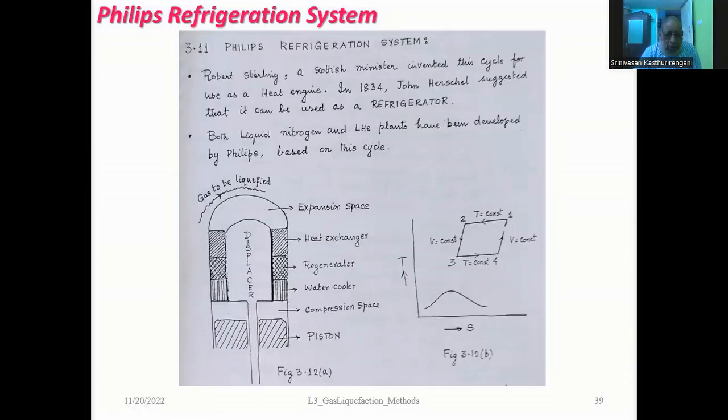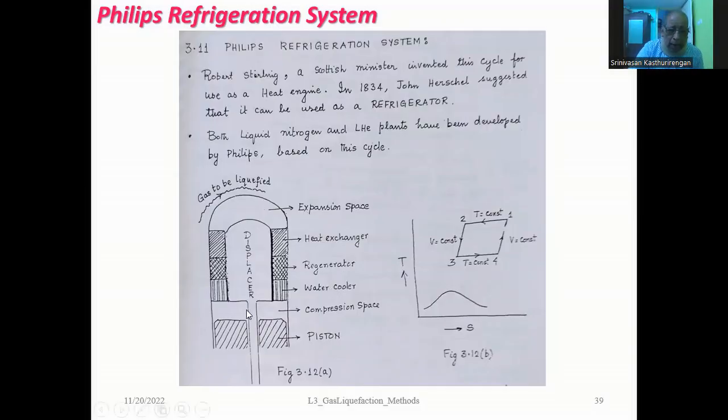Now, in the compression space, when the gas is compressed, the gas will become hot. The heat of compression can be removed by using water cooling arrangements. So you can see there is a water cooler present here.